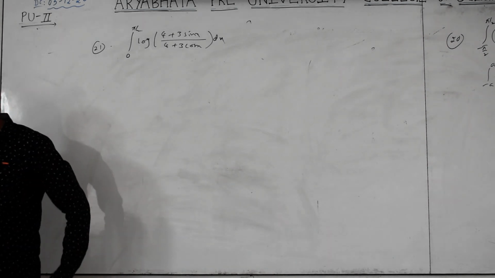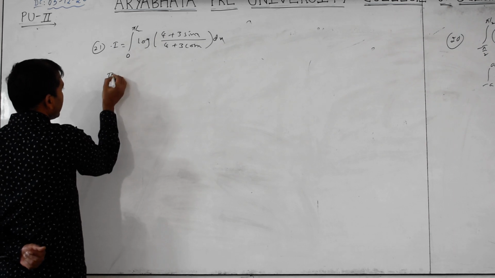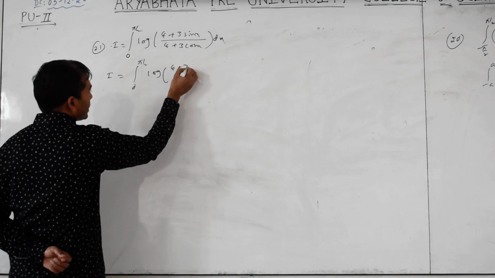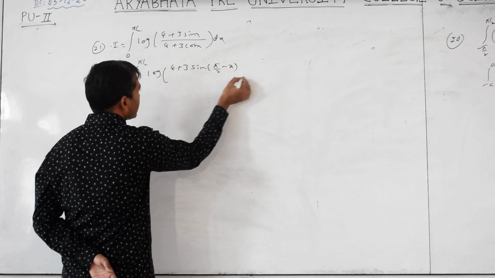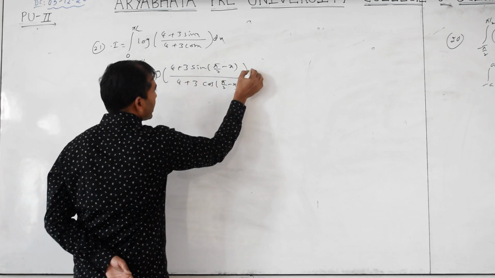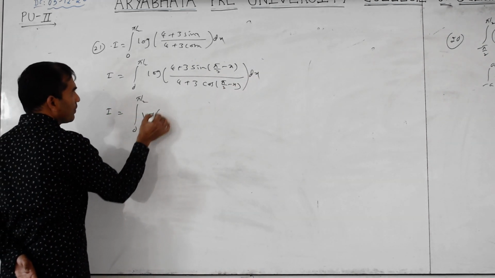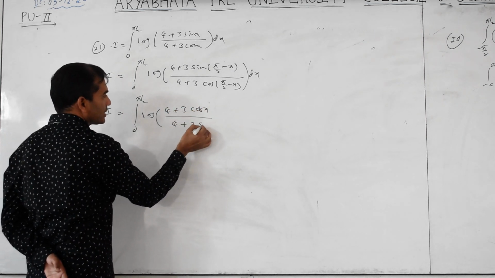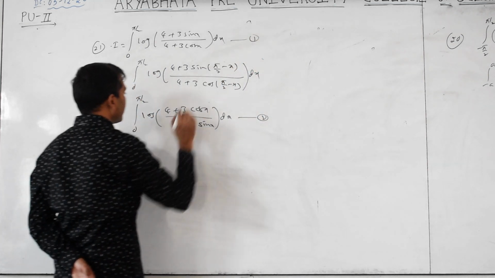Let this be I. Then use the property: replace x by 90 minus x, so I equals the integral from 0 to pi by 2 of log of (4 plus 3 cos x) by (4 plus 3 sin x) dx. This is the second equation, and the earlier one is the first equation.